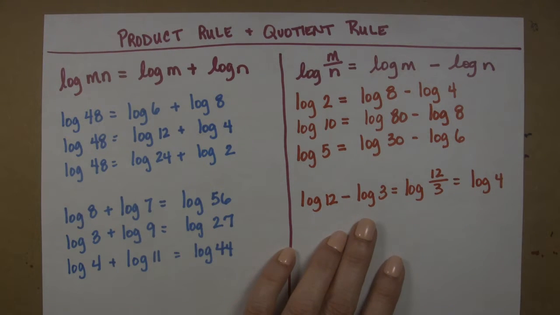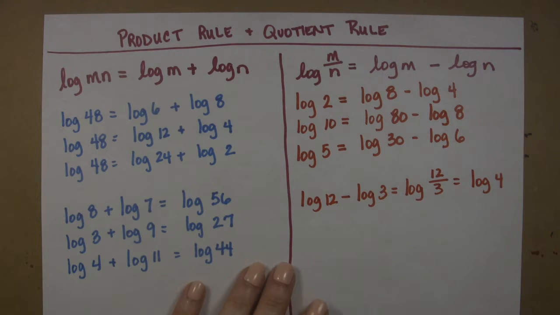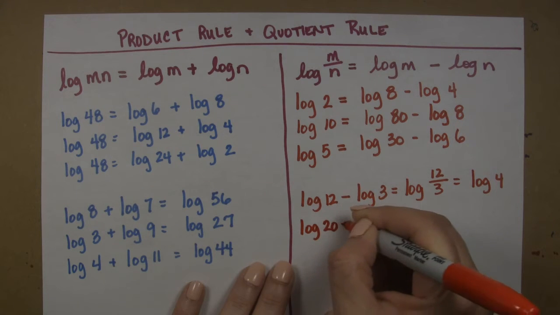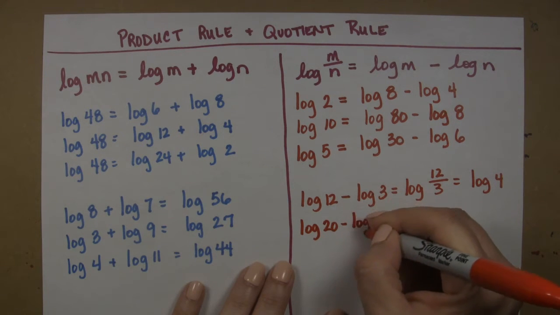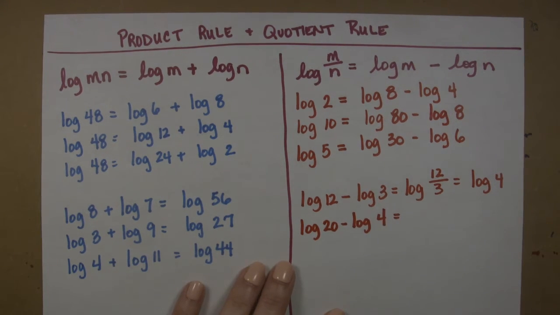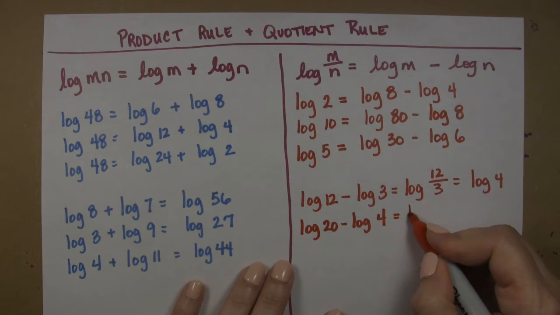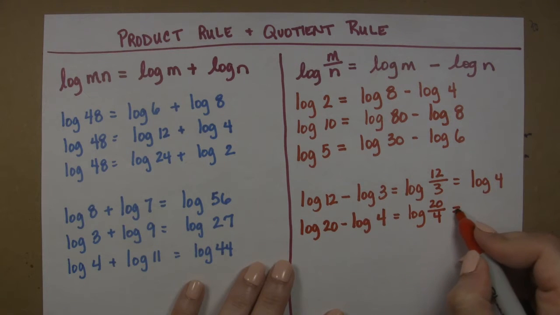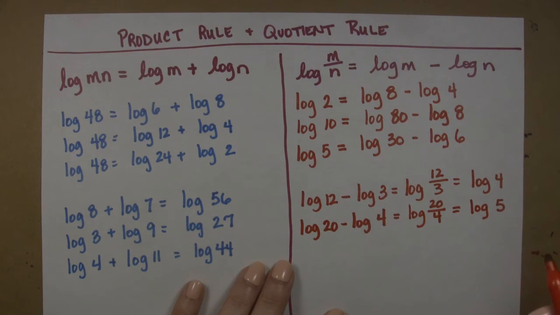So that's another way to simplify logarithmic terms. Here we have the log of 20 minus the log of 4. Can you figure out what that equals? Well, that's going to equal the log of 20 divided by 4, which is log 5.